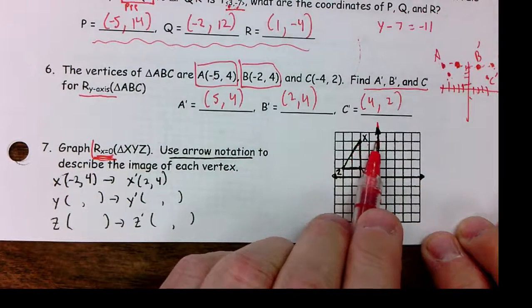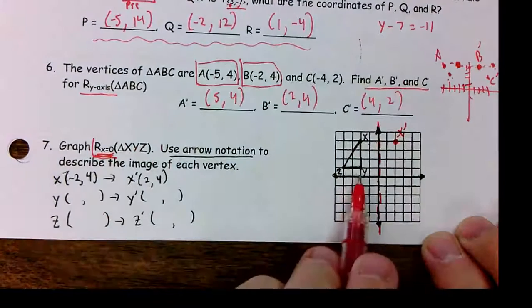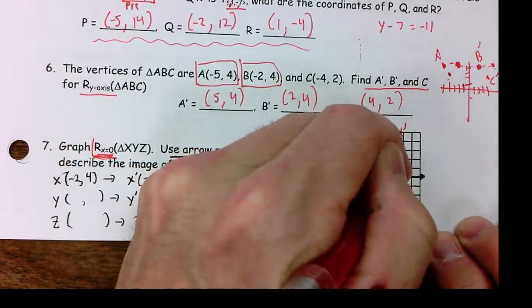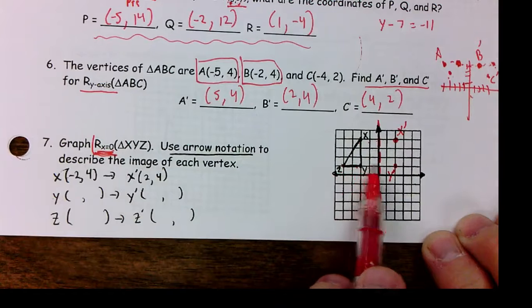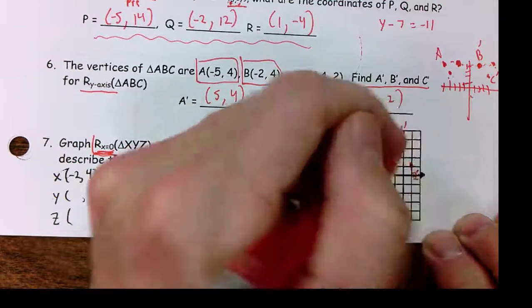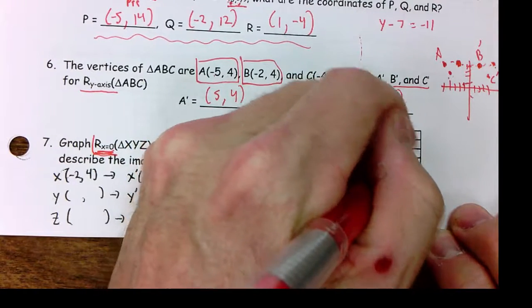X would go 2 spots to it and 2 spots to the other side. Y would go 2 spots to it and 2 spots to the other side. And Z would go 1, 2, 3, 4 spots, 1, 2, 3, 4 spots to the other side. And my triangle would look like this.